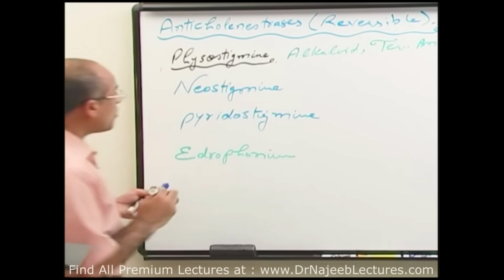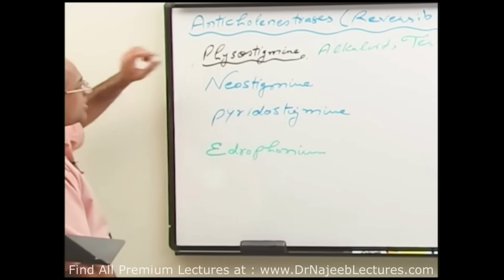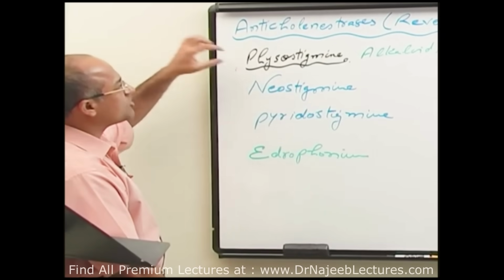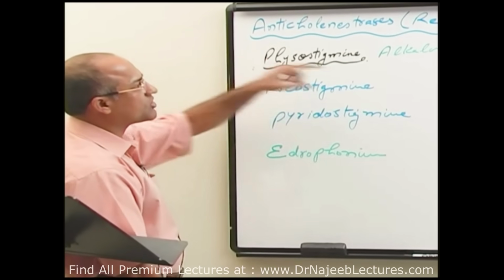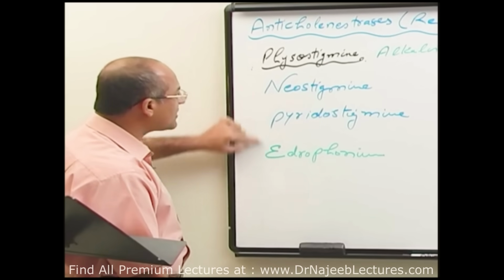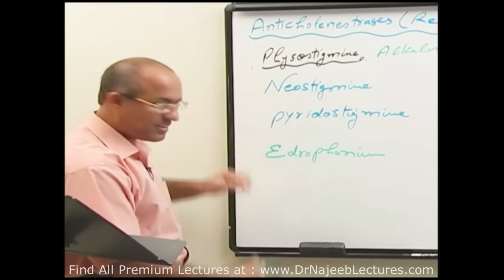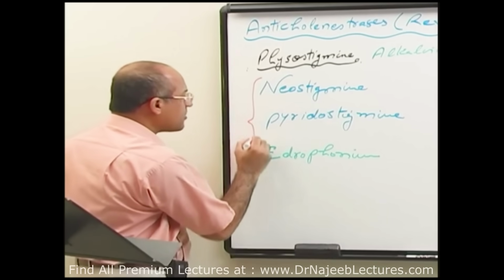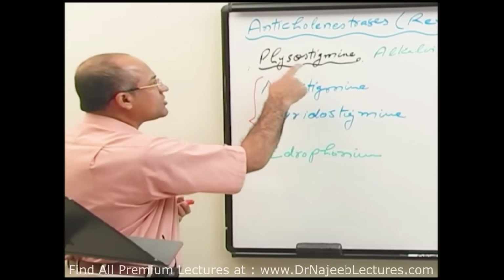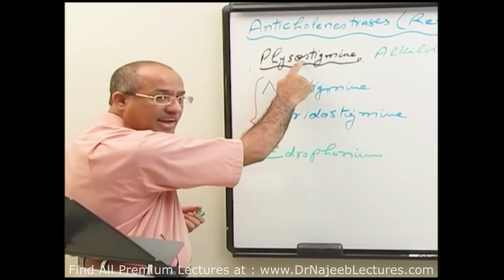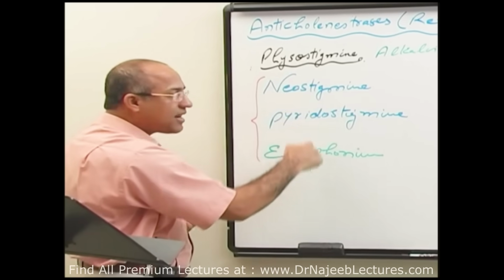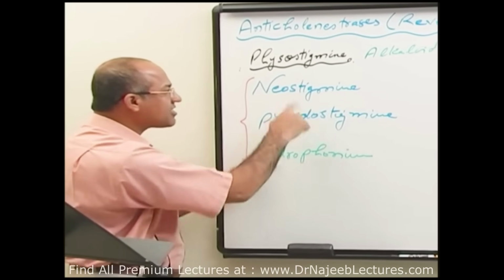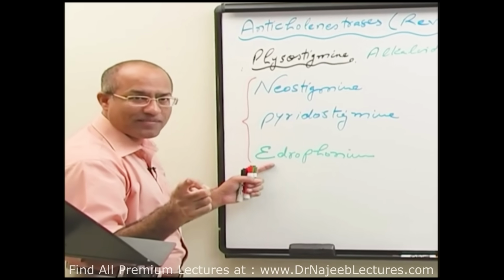Now, why did I put these names? Because I want you to have a clear concept. Physostigmine is a tertiary amine and all others are quaternary amines, right? All these are quaternary amines. So it means this is less polar and more lipid soluble, and these are more polar and less lipid soluble.